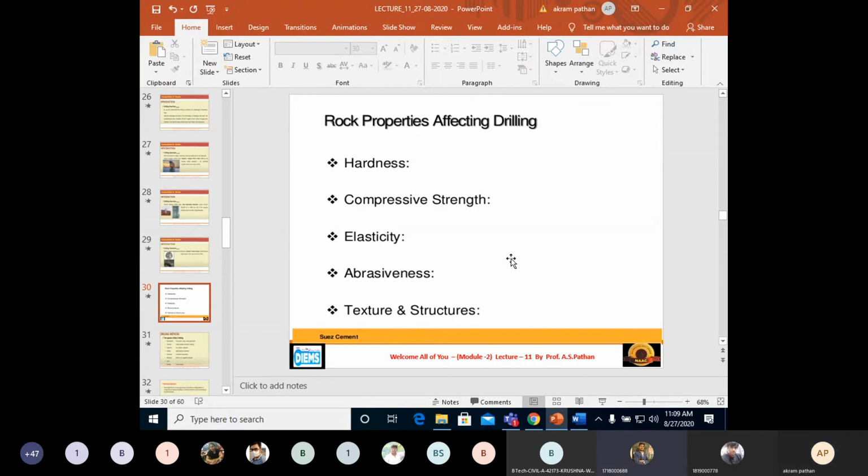Compressive strength is the capacity of that particular material to withstand the vertical load. Elasticity is the property to regain its shape after removing the forces. Then abrasiveness, I don't know about the abrasiveness.